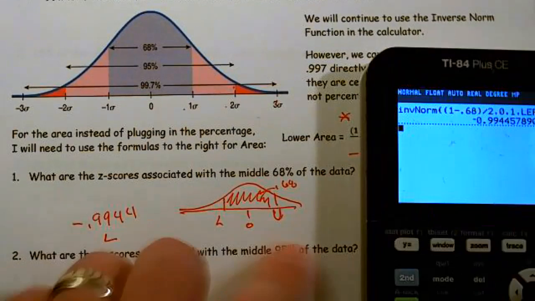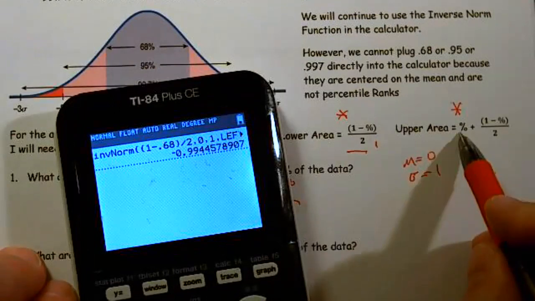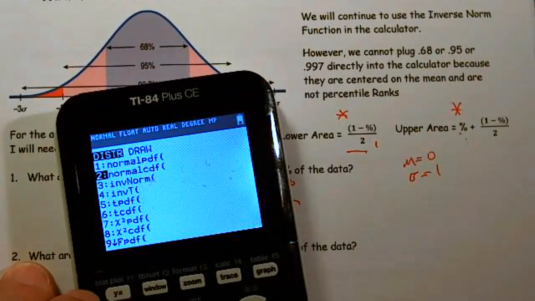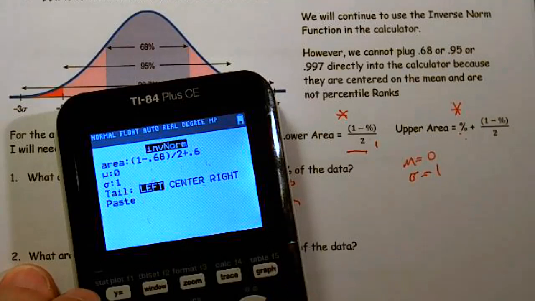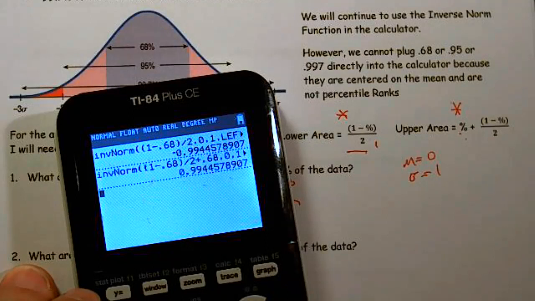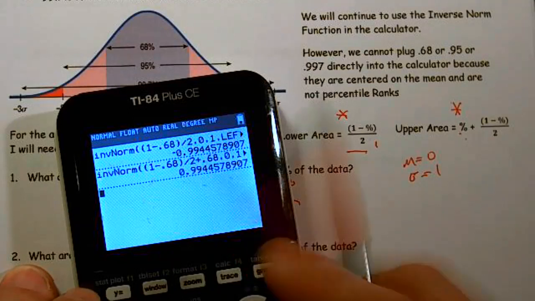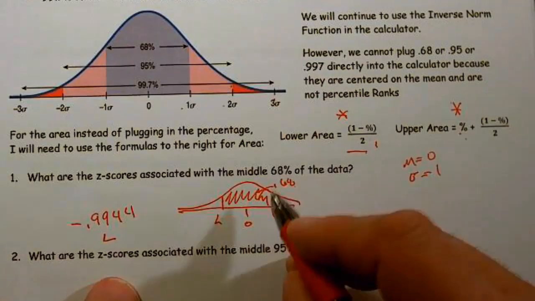My upper bound is a little trickier. We're going to go back in there, and I need to add that 0.68, plus 0.68. And now we're on the positive side. And it's like, hey, does that make sense?